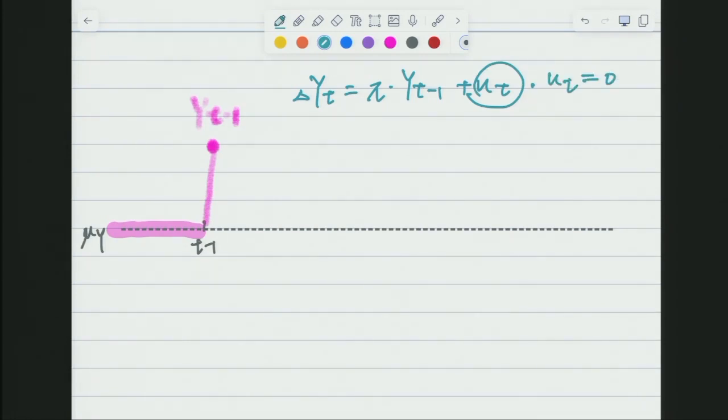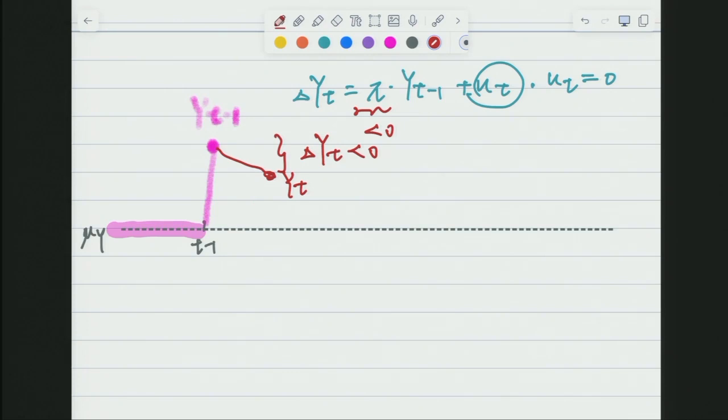With pi being smaller than 0, that basically means the difference between yt and yt minus 1 is negative. So the time series will be pulled back to its long run mean, because the next period yt is here. The difference, delta yt, is indeed negative because yt is smaller than yt minus 1.